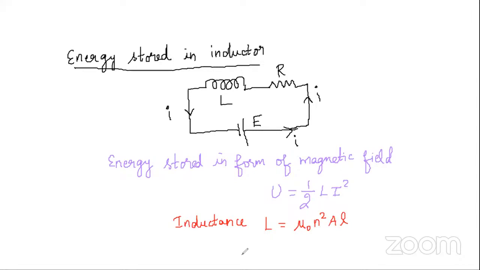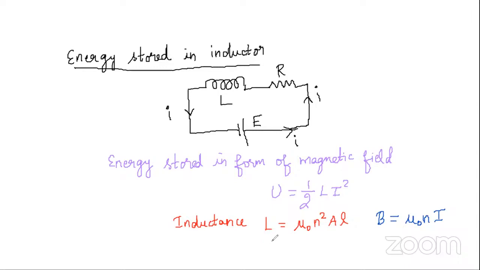Here, you know very well the magnetic field inside a solenoid is given by B equal to mu naught N into I. Using this, you can write the expression for inductance.